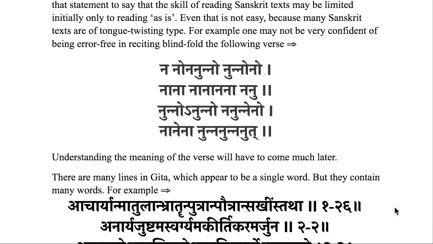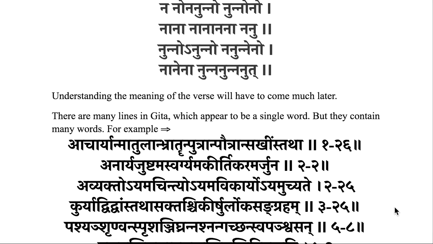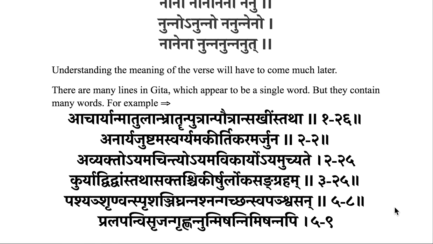There are many lines in Gita which appear to be a single word, but they contain many words. For example, Acharyan, Matulan, Bhratrun, Putran, Pautran, Sakhins, Tatha. This is in the first chapter, verse number 26. Anaryajushtamaswargamakirtikaram Arjuna, 2-2.